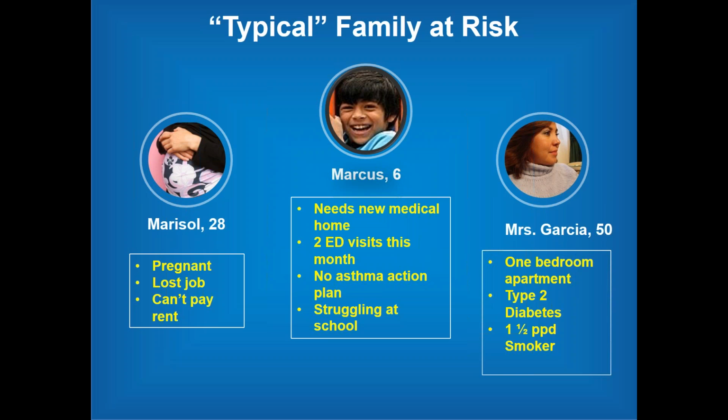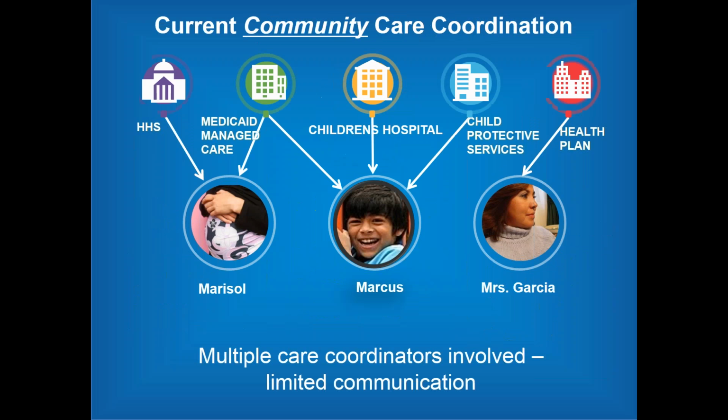The reality is, for most communities, there's a lot of community-based care coordination, but it's very siloed and fragmented. So this family could easily have 3 to 5 care coordinators coming into their home offering very specific information. Mom could have a Medicaid managed care case manager reaching out to her.